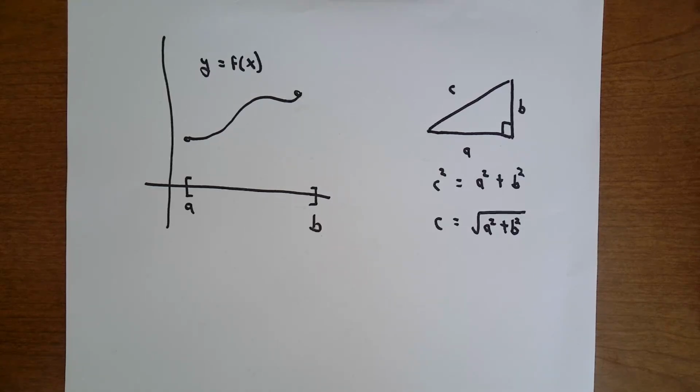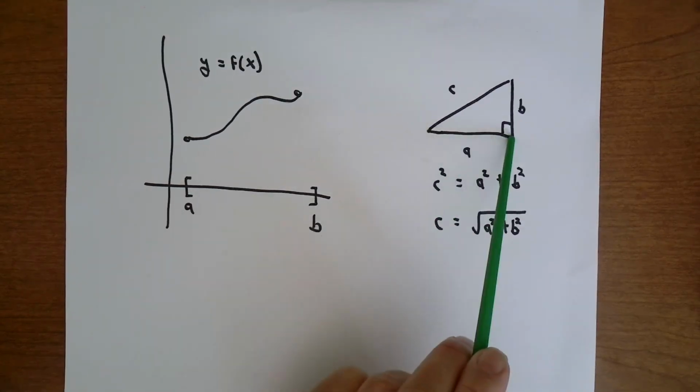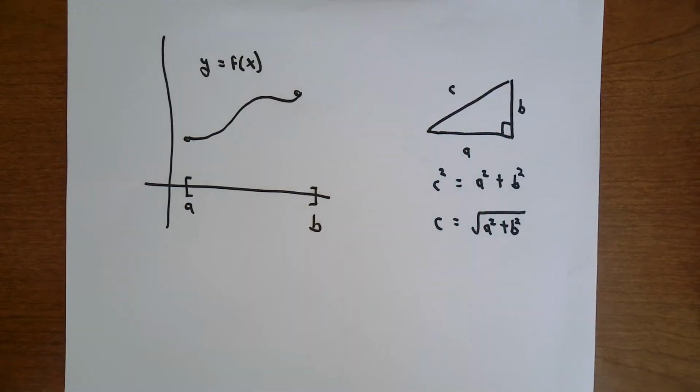The key fact that's going to let us figure out this arc length is the Pythagorean theorem. If I have a right triangle with shorter lengths a and b, and the length of the hypotenuse equal to c, it's well known that c squared equals a squared plus b squared. So c itself must be the principal square root of that quantity.